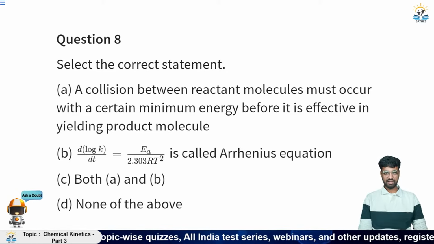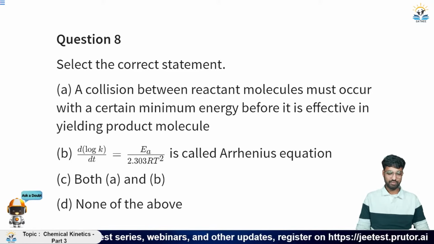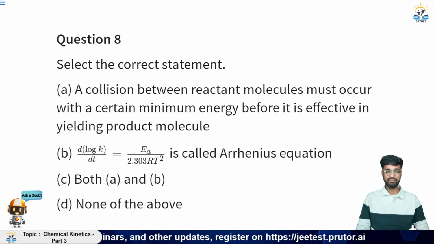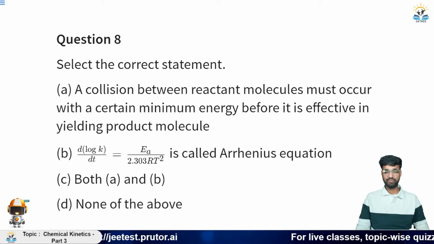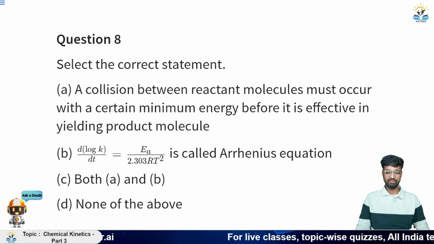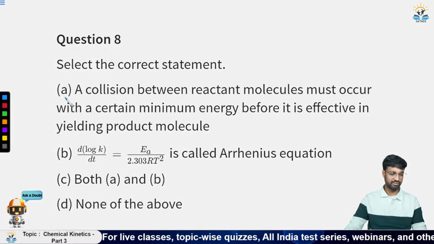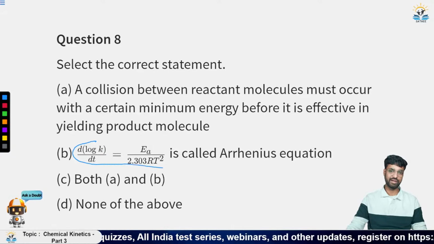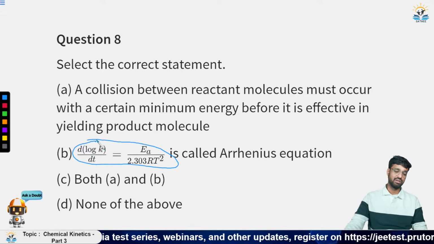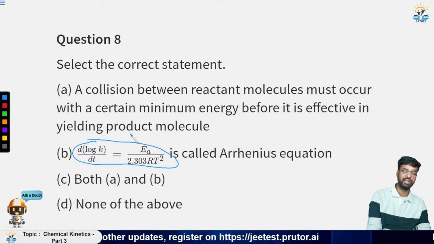We know that ln k is equal to ln A minus Ea by 2.303 RT. Now if we take the differential of that, ln A, which is a constant, will be 0, and then we will get this equation only. So the second one is also correct, the first one is also correct. So both A and B are correct.